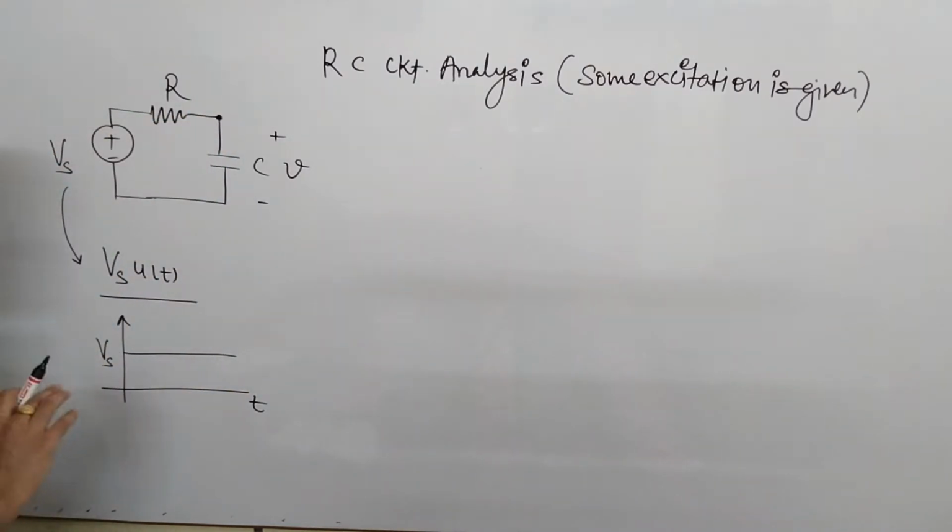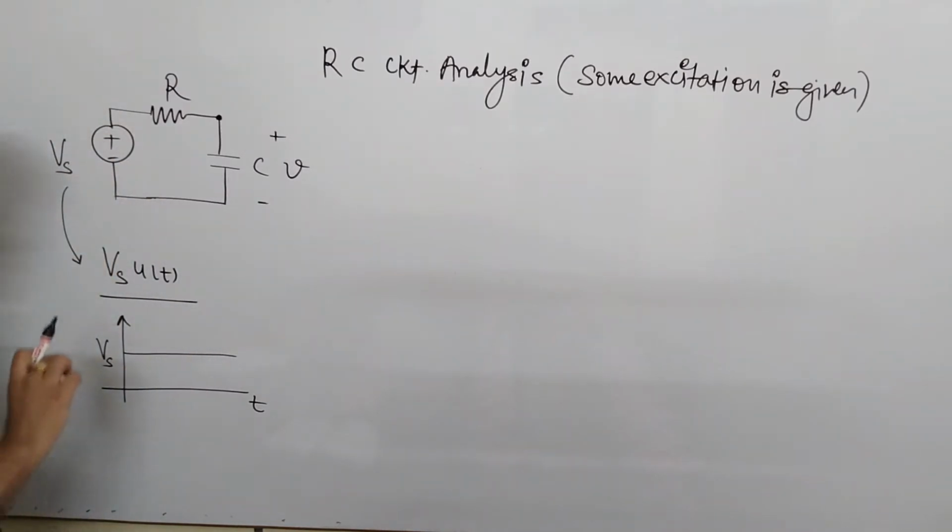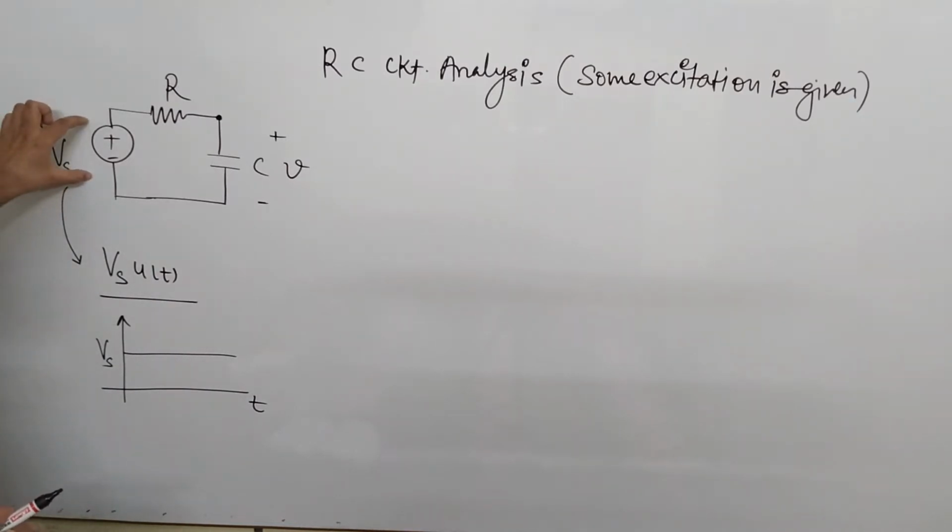Since we are now talking about the RC circuit analysis when some excitation is applied, that means we have to consider this circuit with respect to time. So this is your DC excitation, R and C. This is the voltage which is appearing across C.